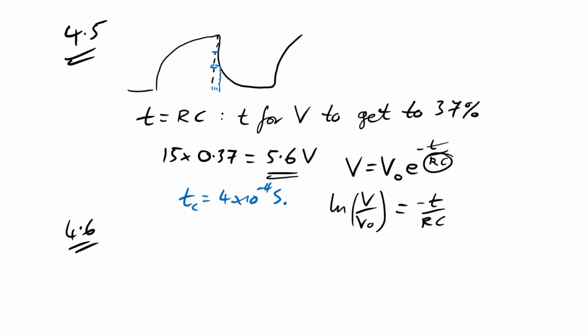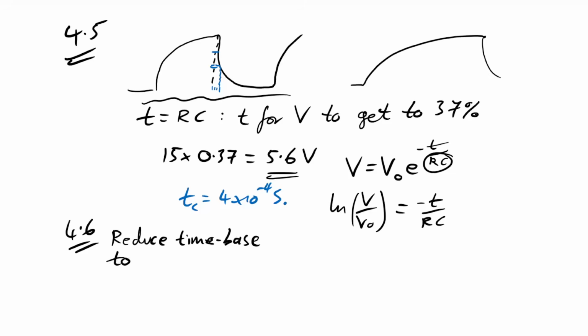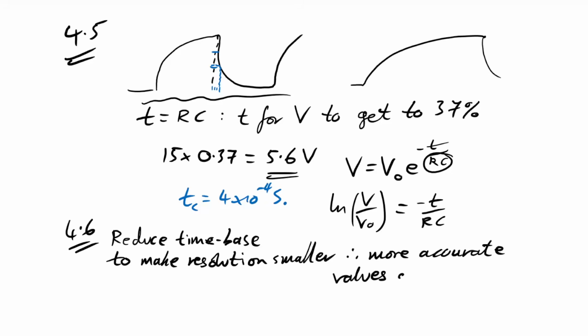4.6, we're being asked to state and explain one control setting that would reduce the uncertainty in the value of the time constant. Well, we have more than one decay or one charge here, don't we? So we could make these longer so they fit more of the screen on the oscilloscope, so we can say that we would reduce the time base to make resolution smaller, therefore more accurate values of t obtained.